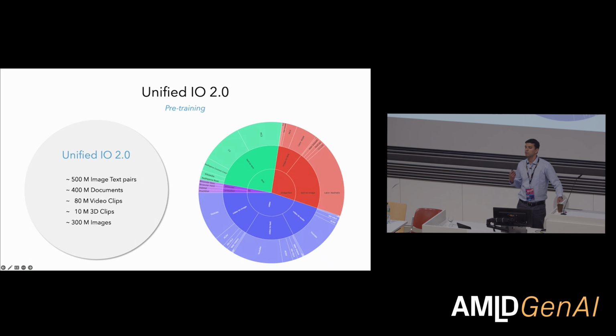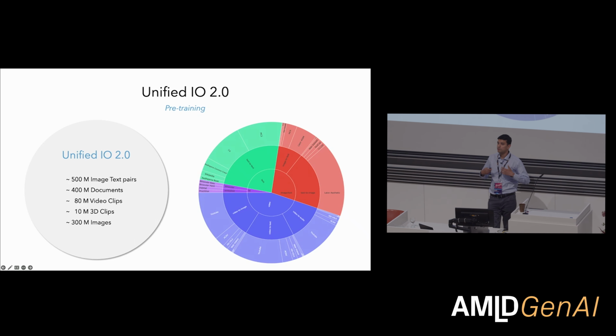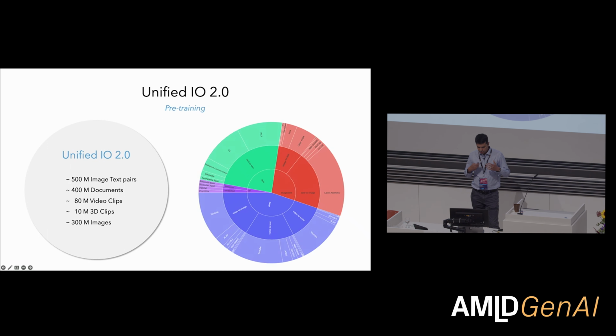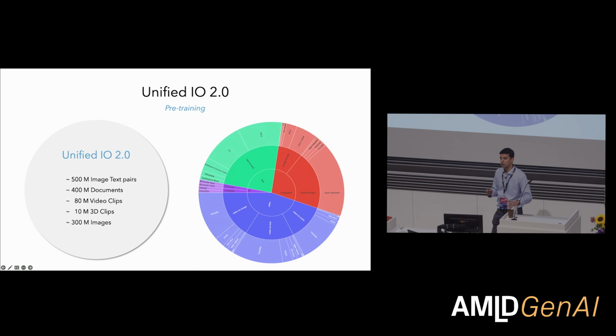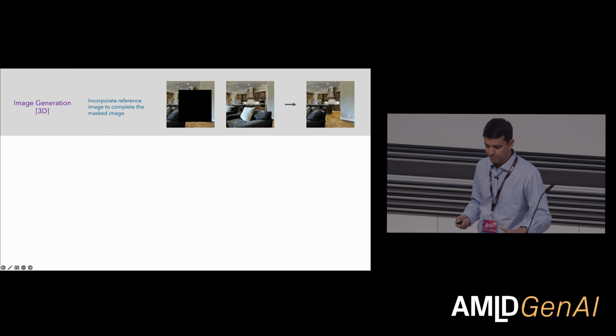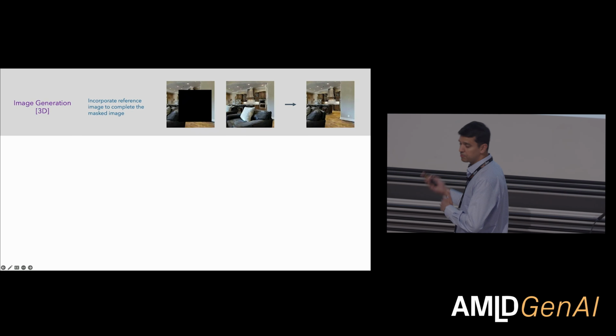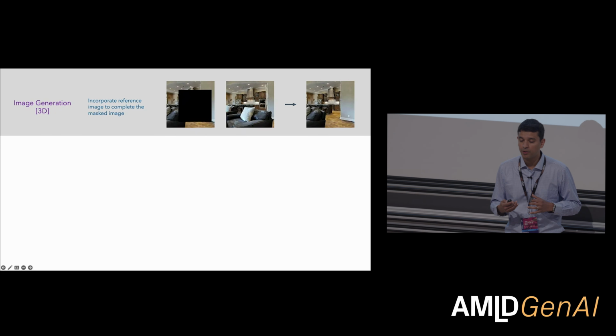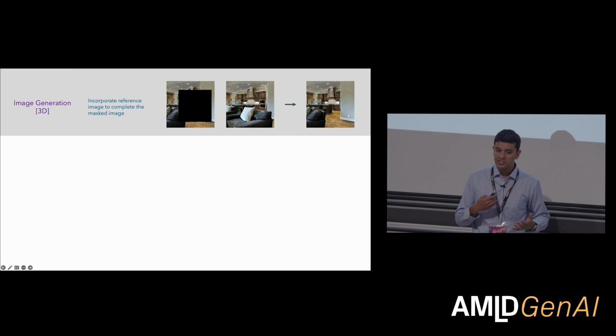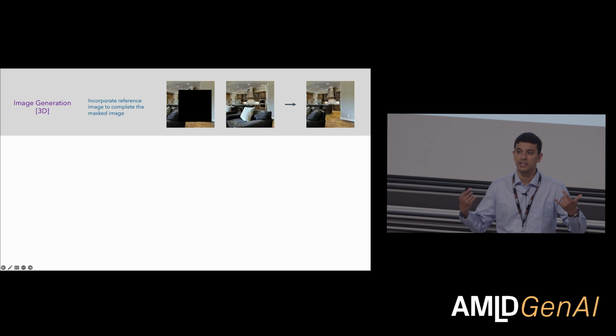Pre-training with so many different modalities gets a lot more complex very fast. And of course, we have the usual masking objectives, but these can be made a bit more interesting in order to inform the model about different kinds of information. So for example, we do have masked image prediction, but now instead of just providing a single image, what you can start doing is providing two views of the same scene.